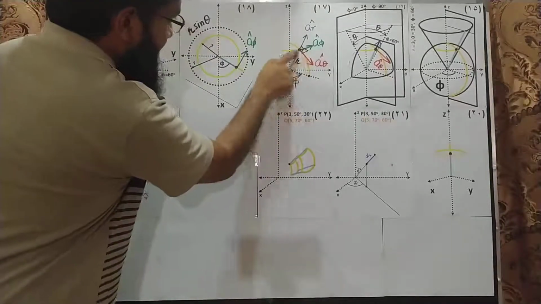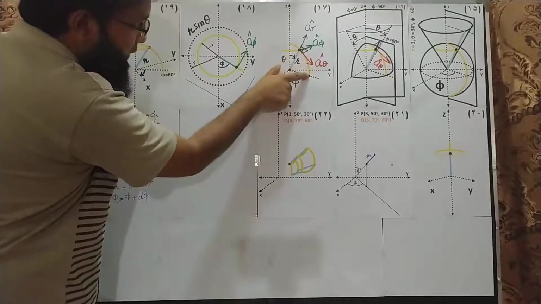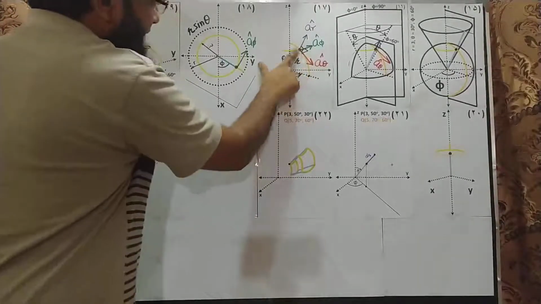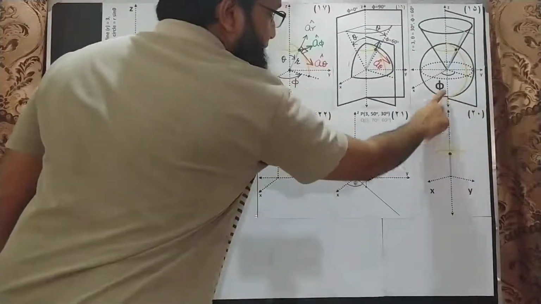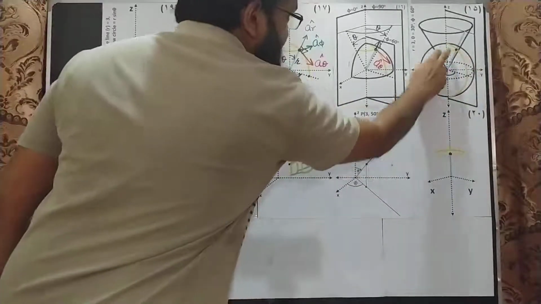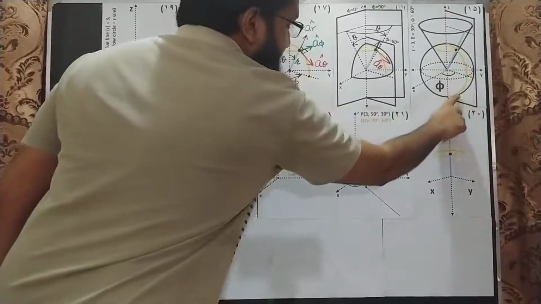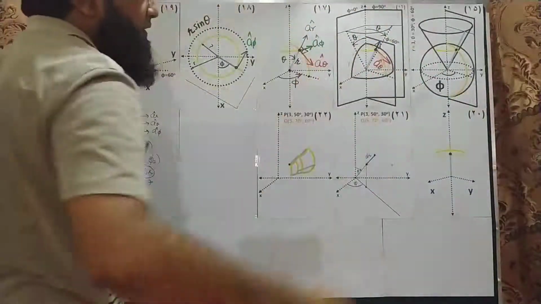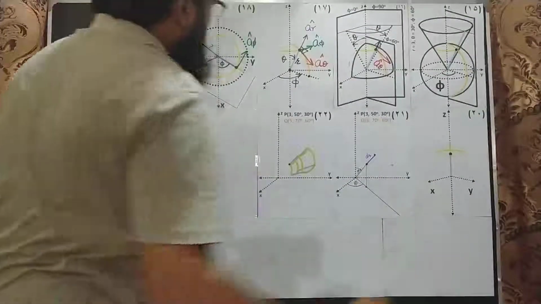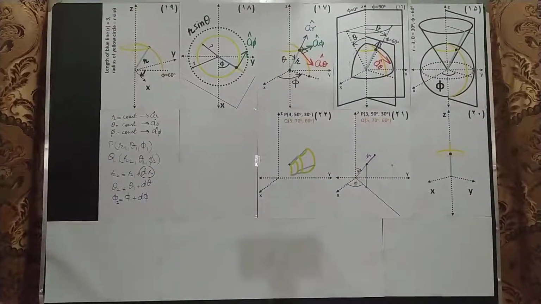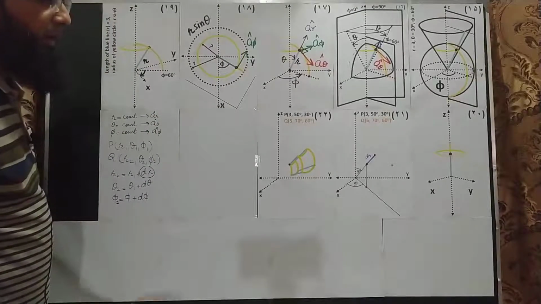Moving in the direction of theta means moving along this red line, which is tangent to this orange curve, and this orange curve was made by the intersection of phi equals constant and r equals constant surfaces. So moving along this curve would not change the value of r, neither would it change the value of phi. Along this curve, what will change? We will get the change in the values of theta only.